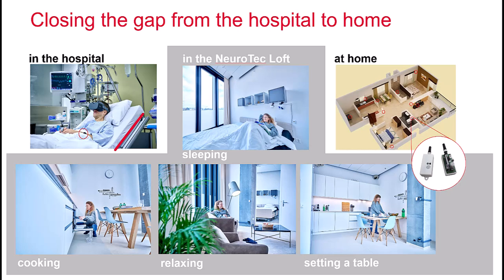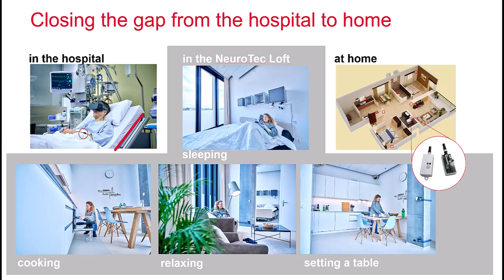The Neurotech Loft is an apartment with a bedroom, kitchen, and living room. And patients can stay here for an extended amount of time. They can spend the night here, and we can observe their behavior while they are in this Neurotech Loft.